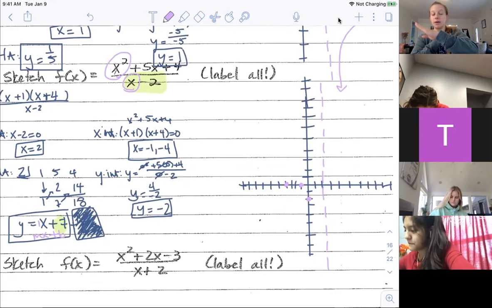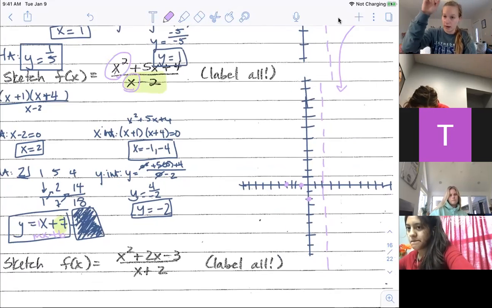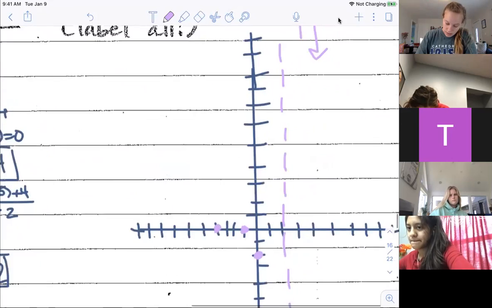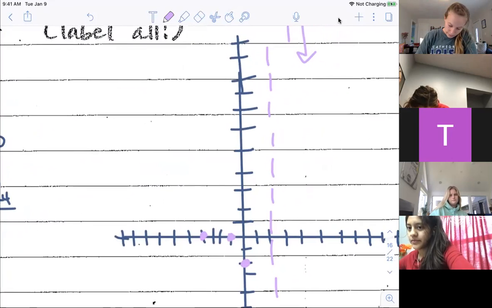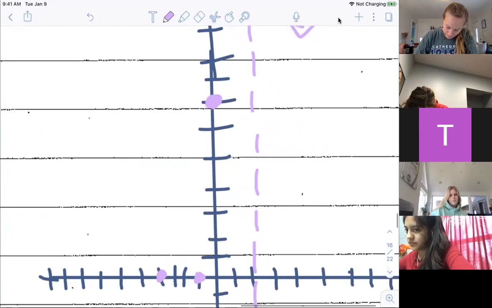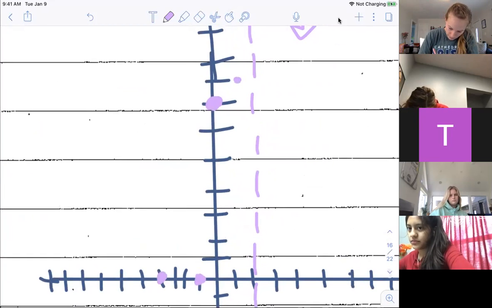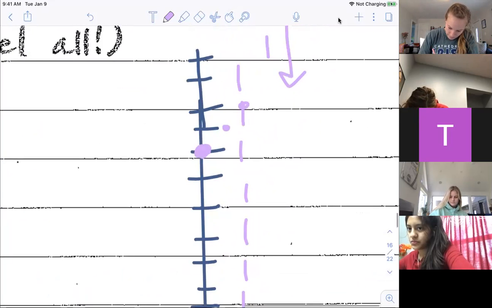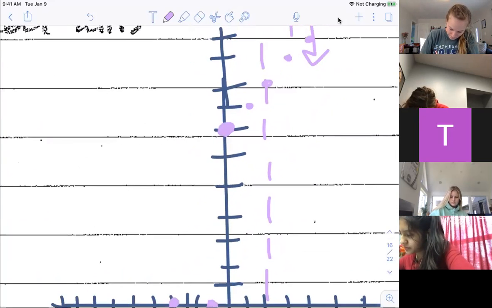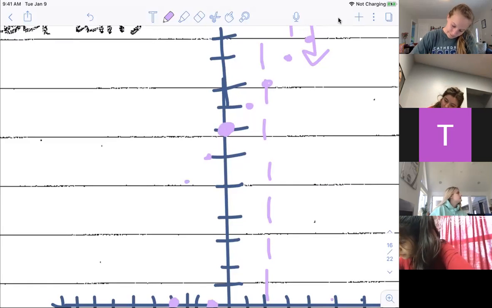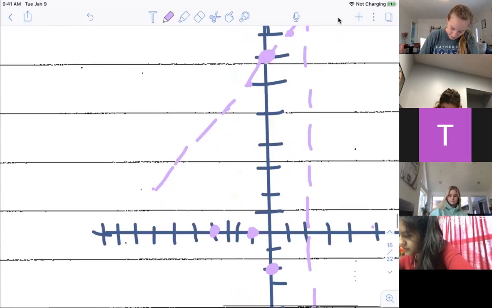x plus 7, go to your 7 on your y-axis, and then do your slope of up 1 over 1, up 1 over 1. Draw enough points to get a line.